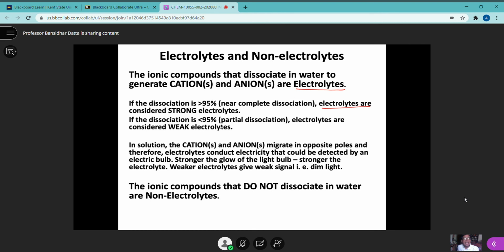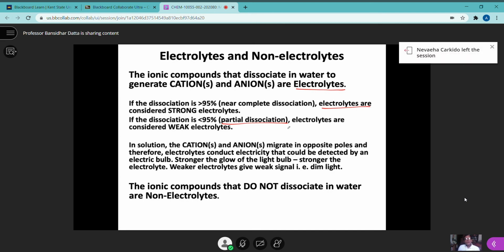If the dissociation is less than 95%, that's partial dissociation, and the electrolyte is considered a weak electrolyte. But less than 95% could be 1% to 94%. So even among weak electrolytes, one can consider which is the weakest or weaker.